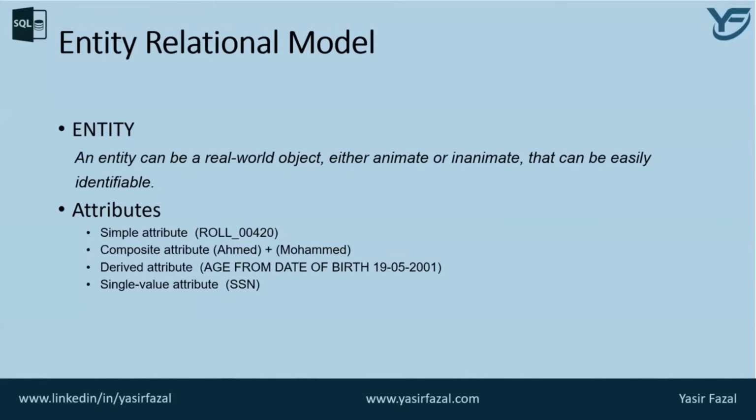Next come the single value attributes. A single value attribute contains a single value, for example, a social security number or national identification number. A simple attribute will always be a single value attribute, but a single value attribute doesn't necessarily have to be simple.